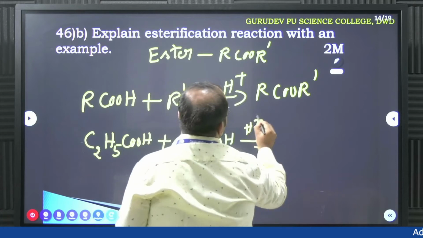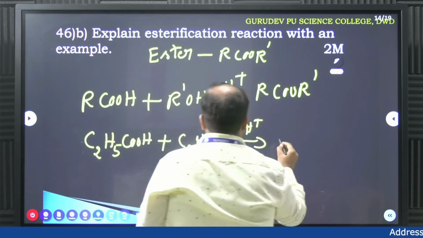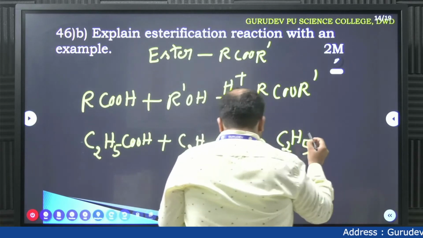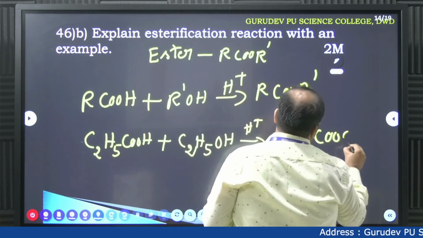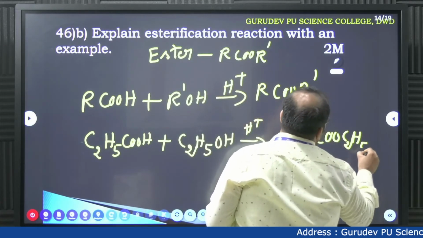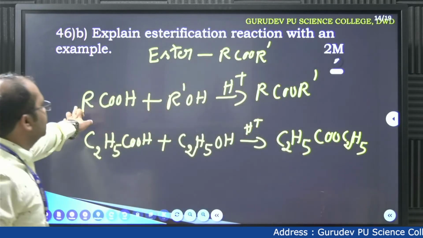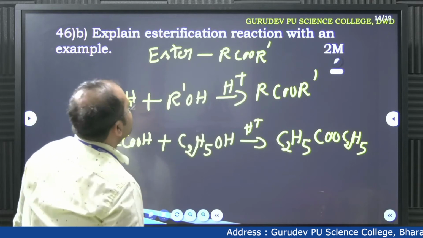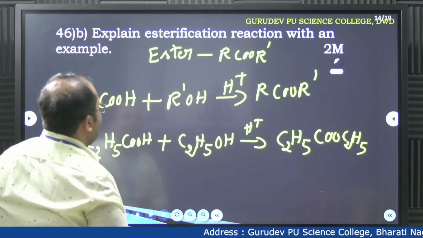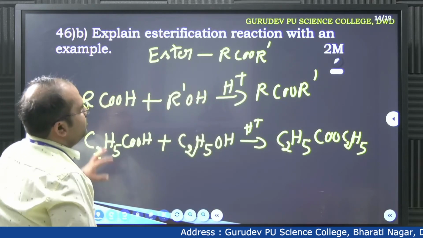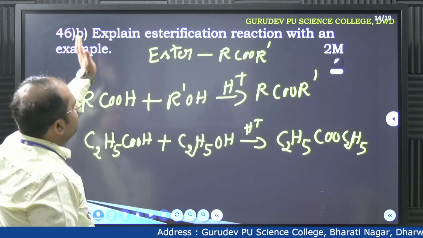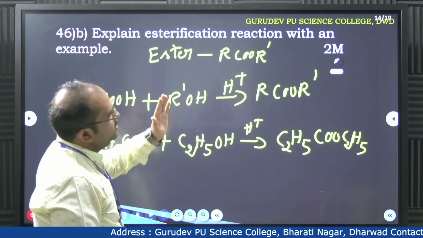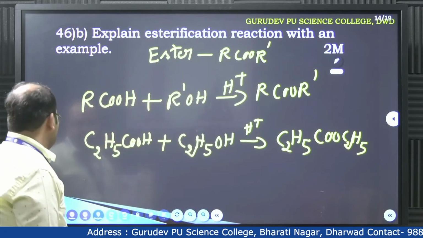Now substitute for R and R dash, giving C2H5COOC2H5. My dear all, just substitute the R place and the R dash place with C2H5, that is the ethyl group. By that you are going to prepare the ester, and the formation of esters is called the esterification reaction. It is considered for 2 marks.